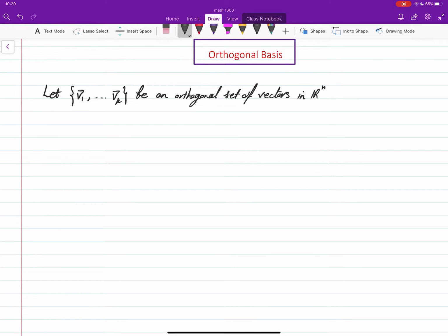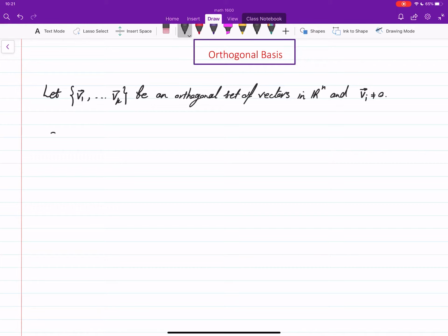And we assume that all these vectors are non-zero. Then I'm claiming that these vectors v1 up to vk are going to be linearly independent.